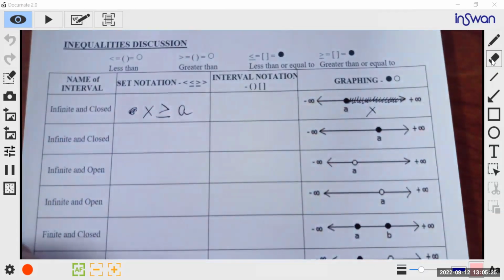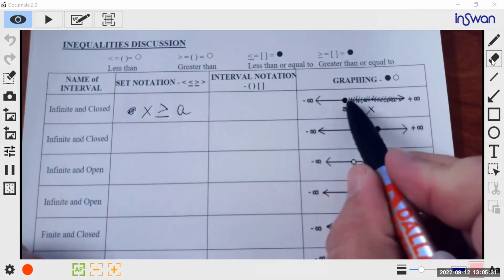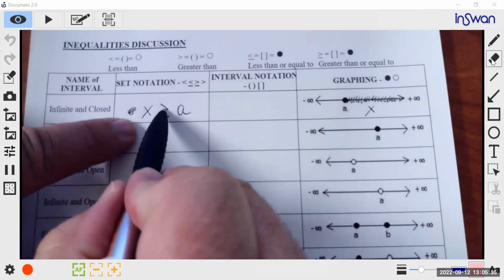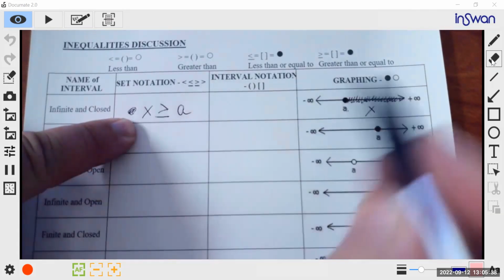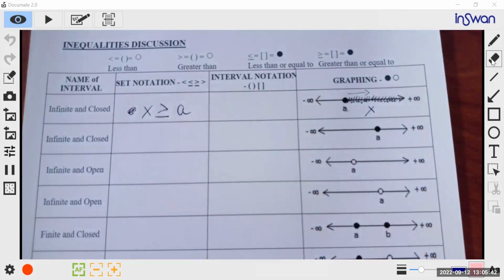In other words, start with A, including A, and go to infinity. Notice where the arrow is pointing? It's pointing to the right. That's where the shading is going.